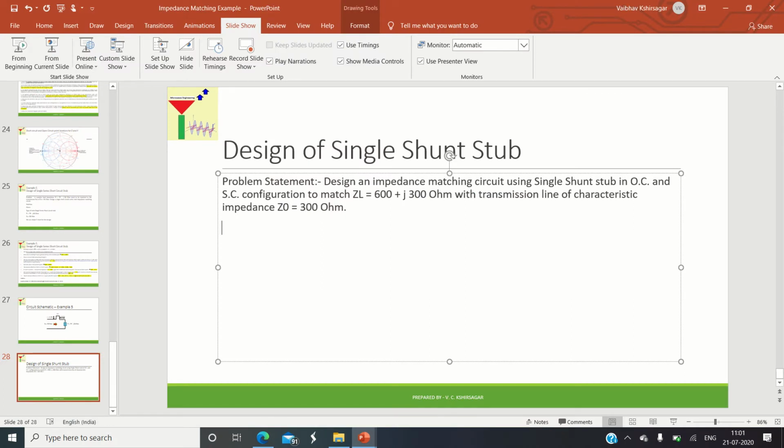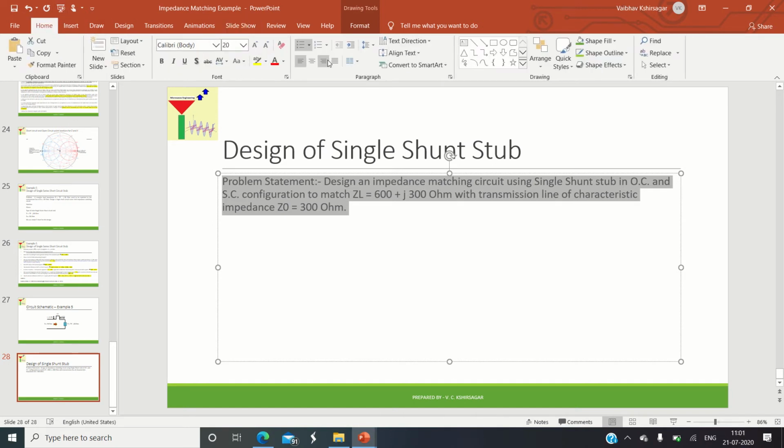So this is a typical problem statement for the design of a single shunt stub.